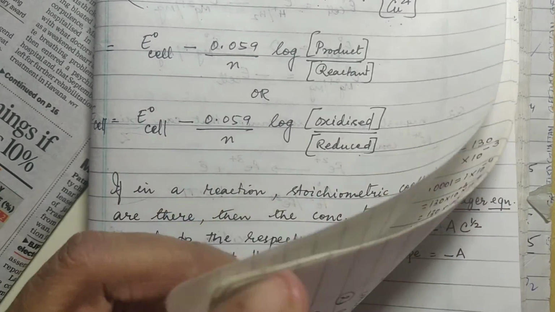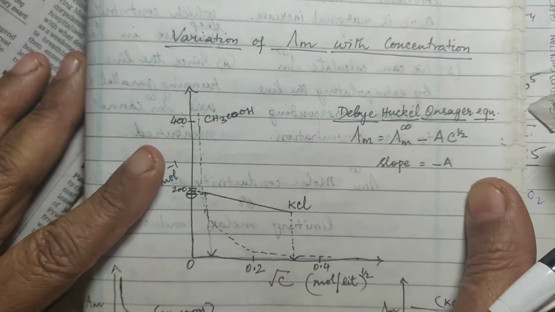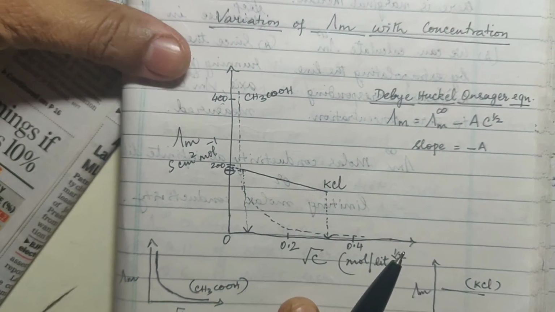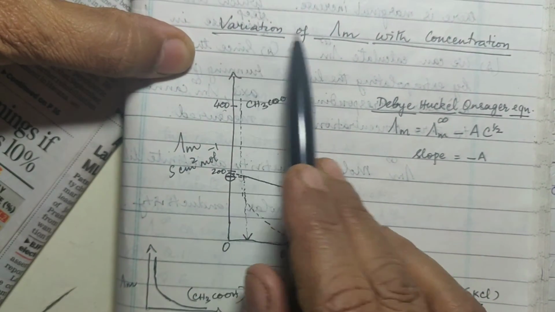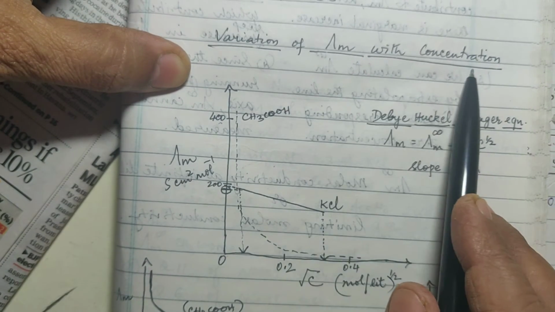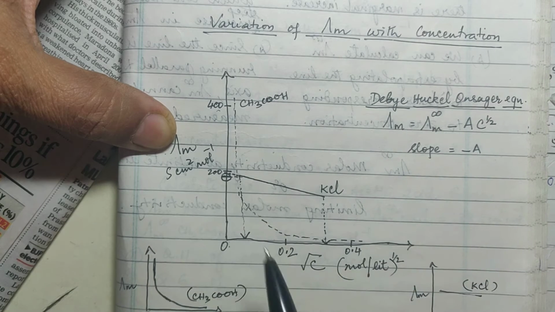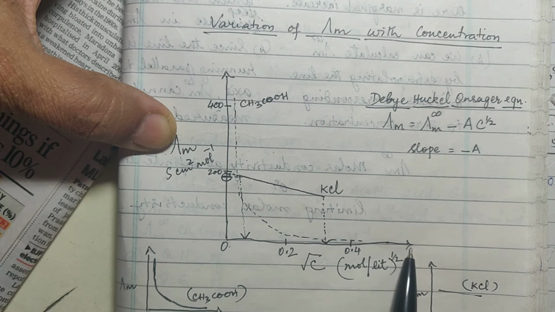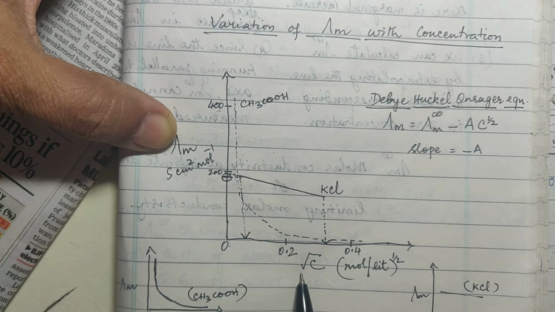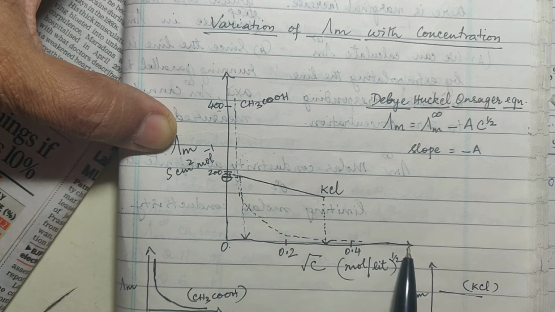Now let me talk about variation of molar conductivity with concentration, which is again a very important topic. Here you take molar conductivity along the y-axis and square root of concentration along the x-axis.